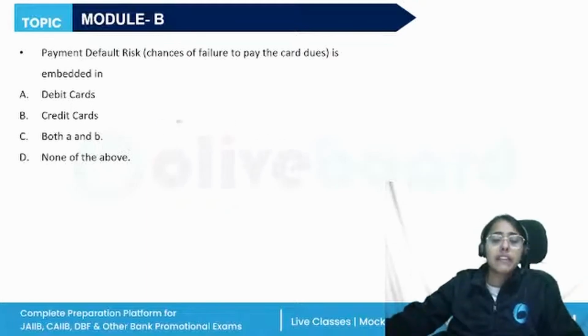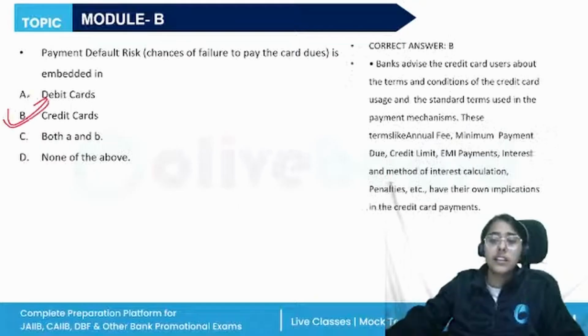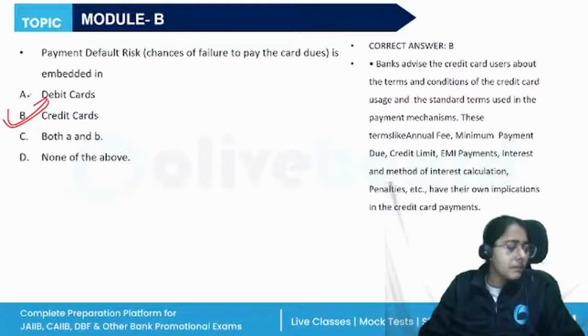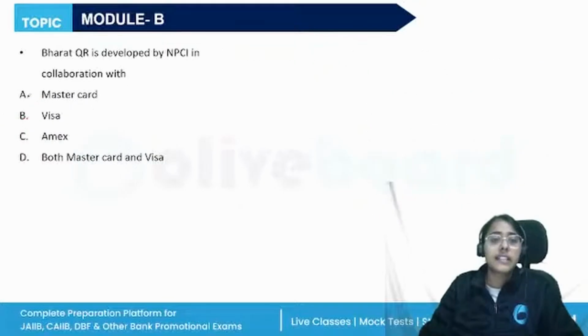So the payment default risk is in the credit cards. So the banks advise the credit card users about the terms and conditions like the annual fee, minimum payment due, credit limit, EMI payments, and their implications. All right. So payment default risk is embedded in the credit card.